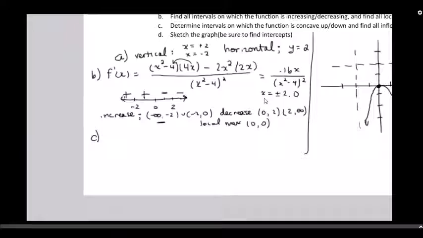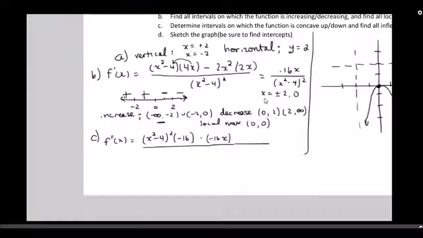which is the second derivative. Now this one's going to be a lot to keep track of, so we need, again, the quotient rule. Which is low d high minus high d low.